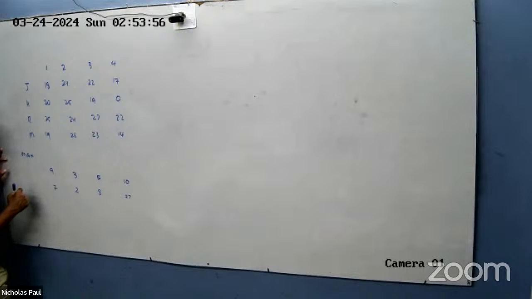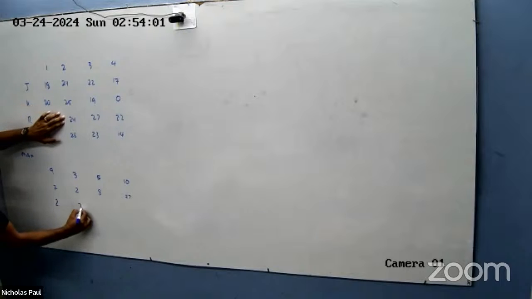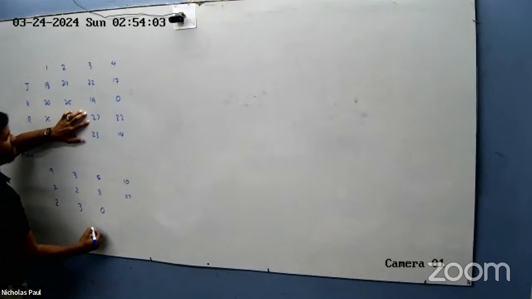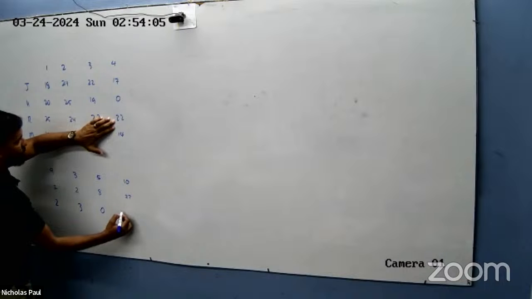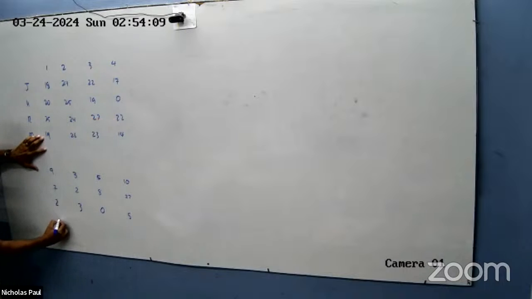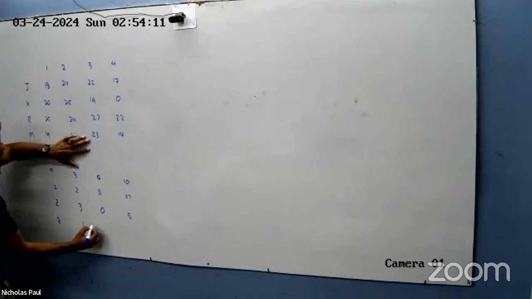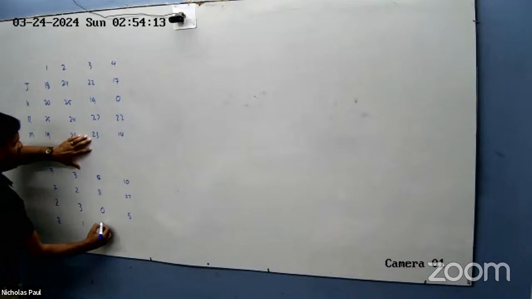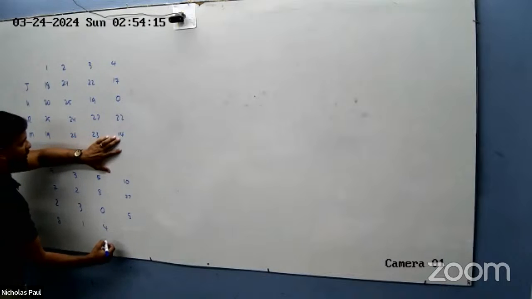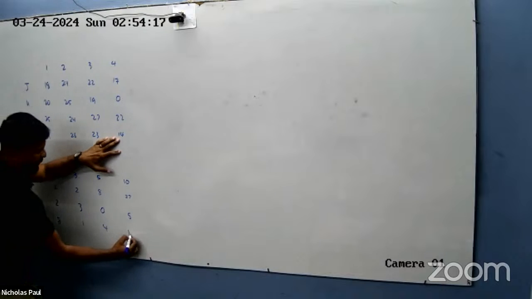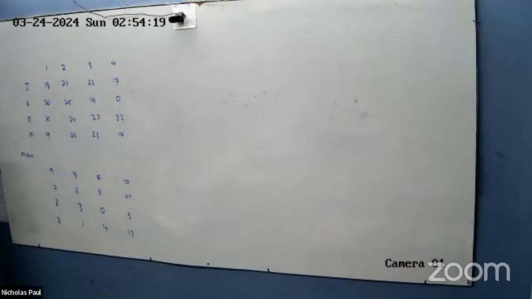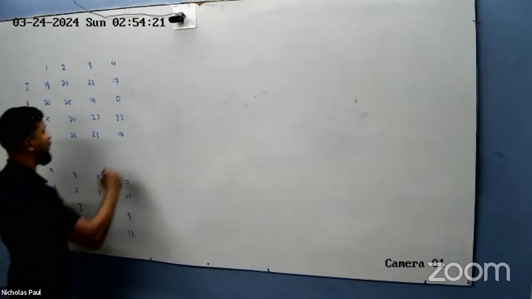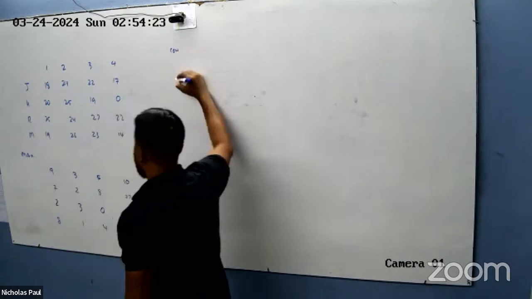What minus 27 again? So that's 2, 3, 0, 5, 8, 1, 27, right? So that's 4, 30. And then we apply the row minimum.